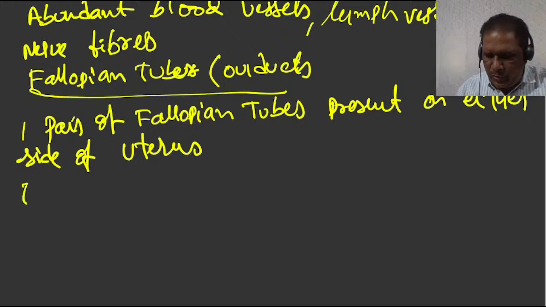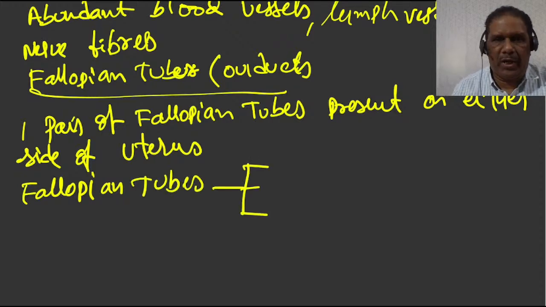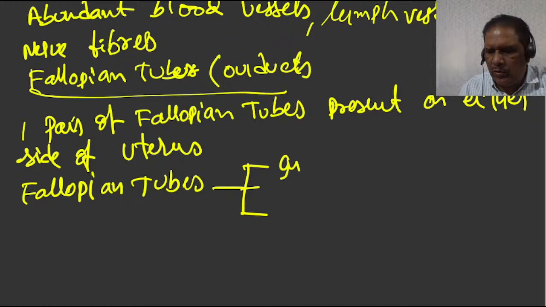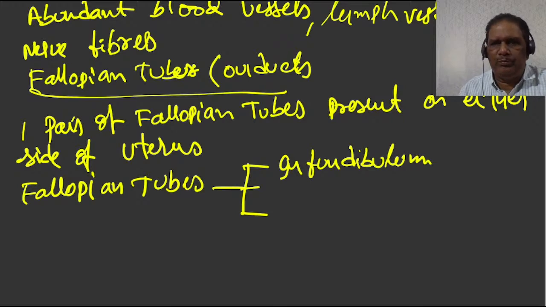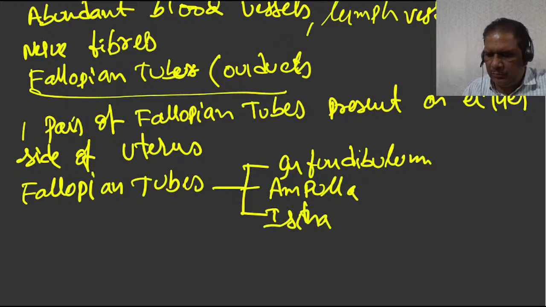The fallopian tubes are divided into three parts. One is the infundibulum with the fimbriae. The second part is the ampulla. The third part is the isthmus.